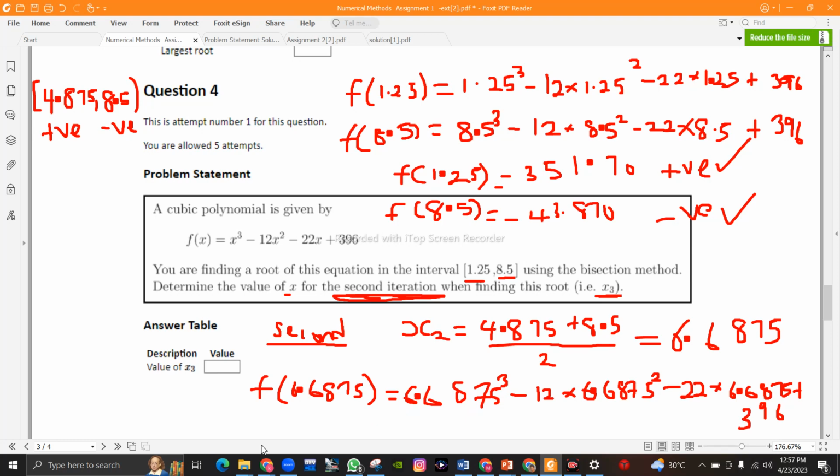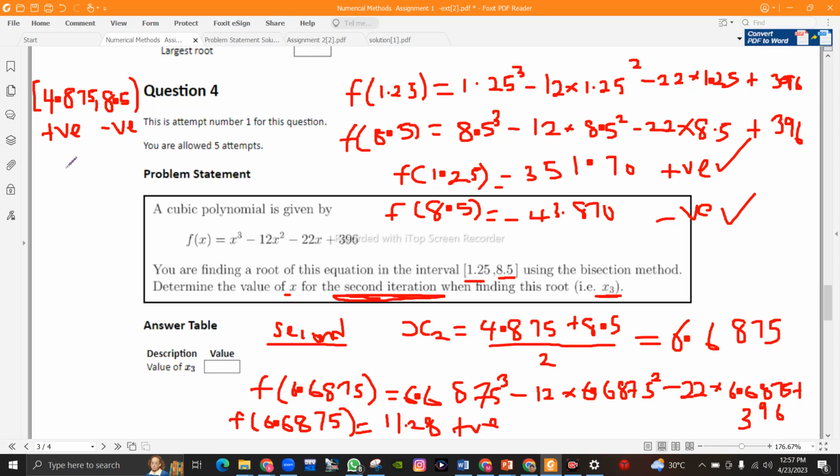If you calculate this, f of 6.6875 will be equal to 11.28, which is positive.